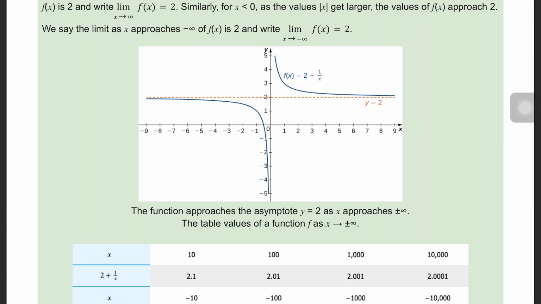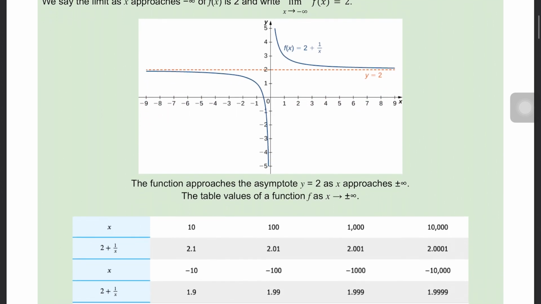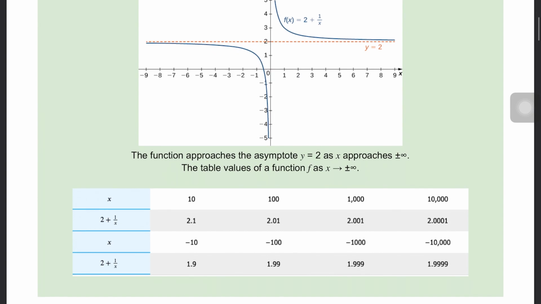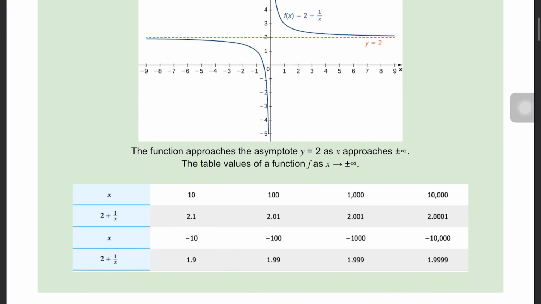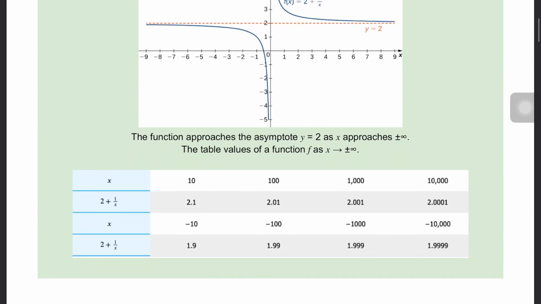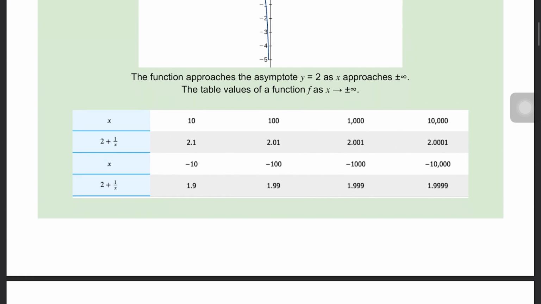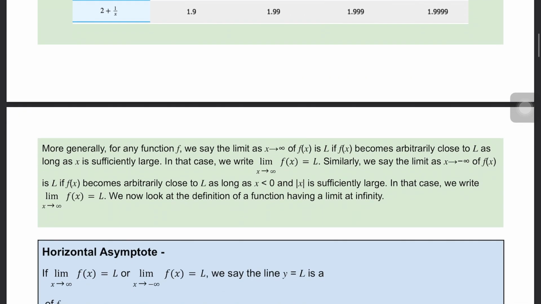The function is approaching y equals 2 as x approaches positive infinity or negative infinity. Also in the table, the values of f are getting closer to 2 as x approaches plus or minus infinity. So that's how we have defined the asymptote.